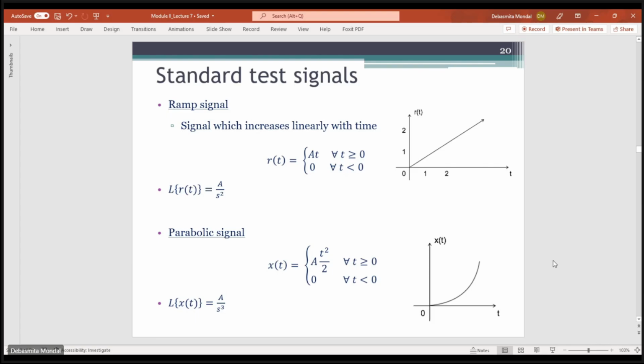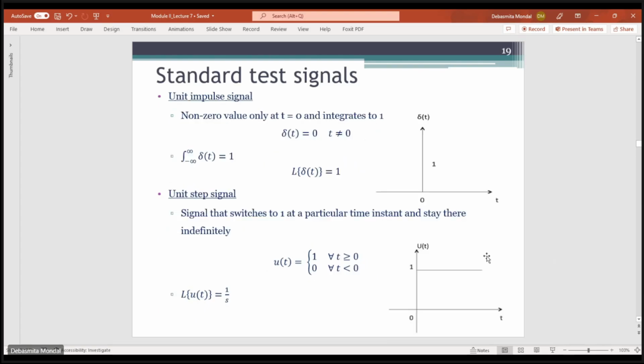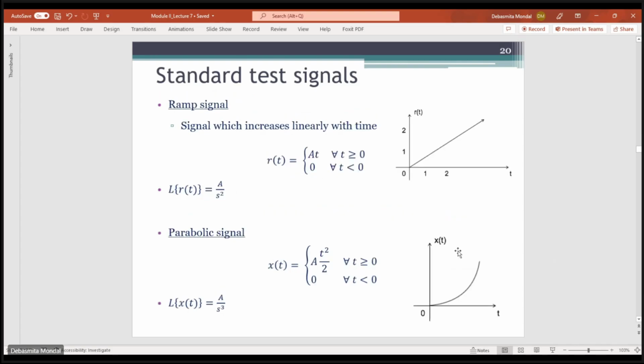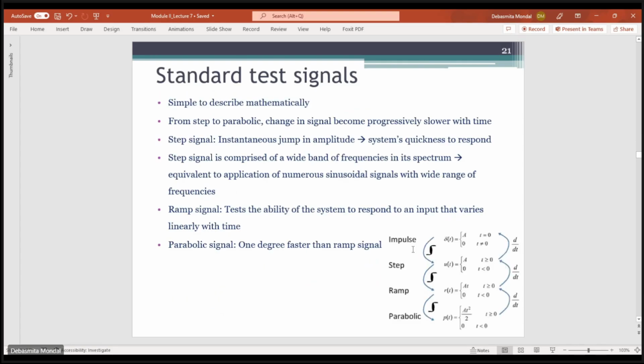And if you observe, as you move from step to ramp to parabolic, the change in signal becomes progressively slower with time. In a step signal, there is an instantaneous jump in the amplitude. So using a step signal, we can find out how quickly the system is able to respond to a sudden change in input.